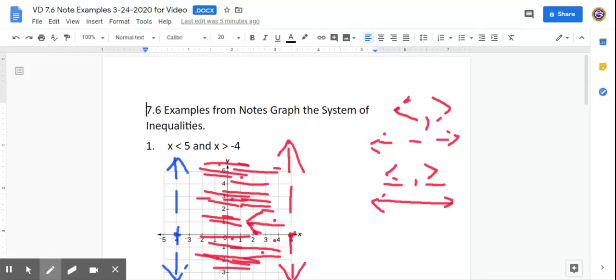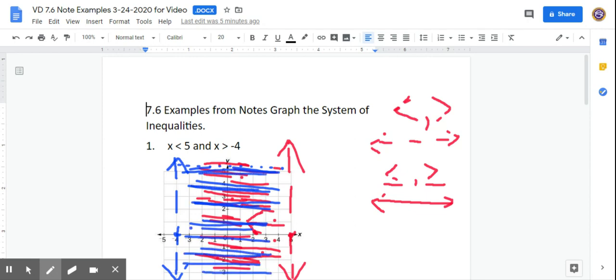As it goes to the right. So all of these points in between, all of them, are the answer.